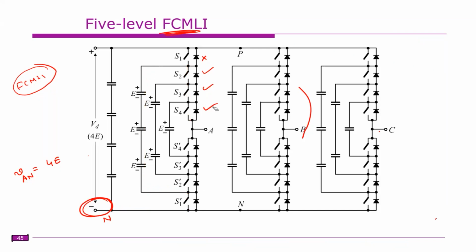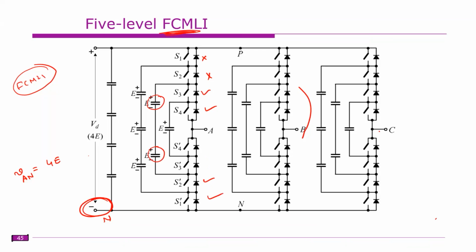Similarly, if these two switches are on, so this is off, this is on and this is on. Okay. So what is the voltage across A and N? 2E.